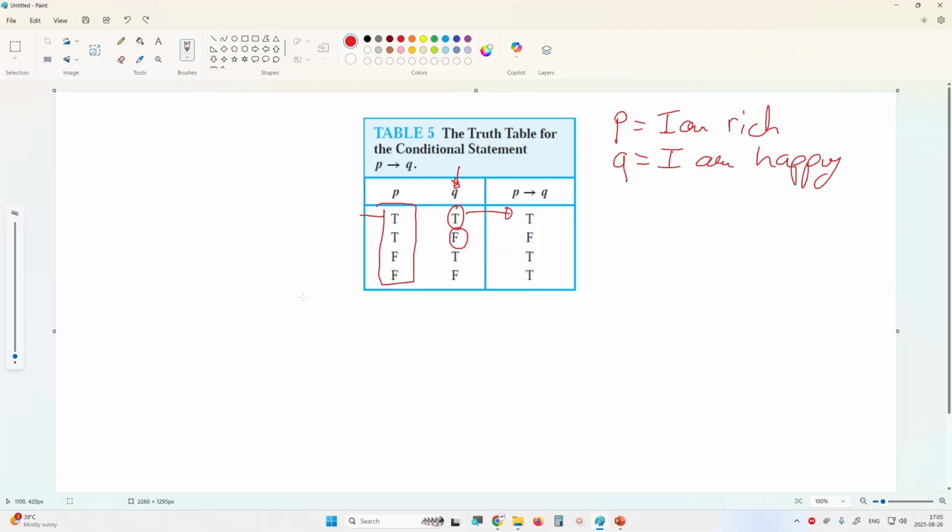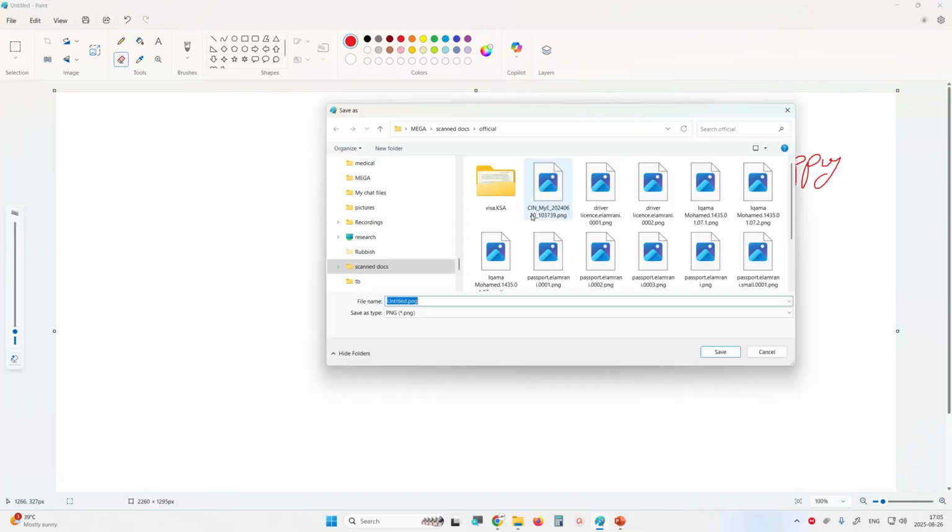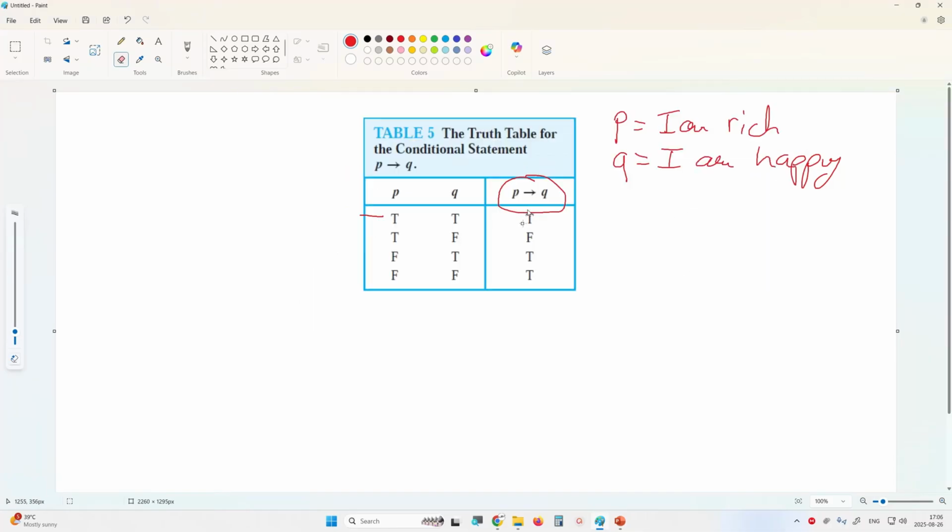So maybe I should find a better example, but for now, what I'd like you to just remember is that this conditional statement, if P then Q, is always going to be true unless Q is false and P is true.